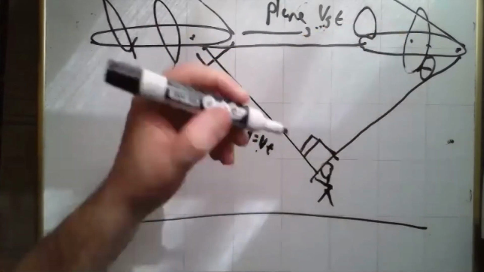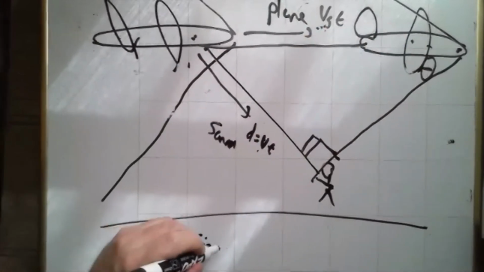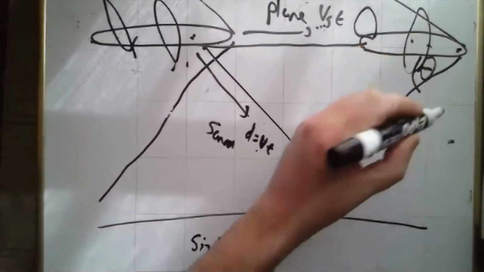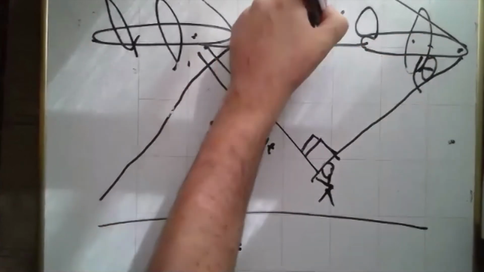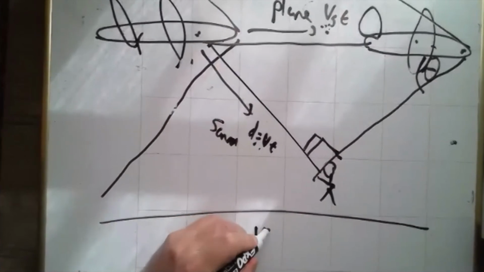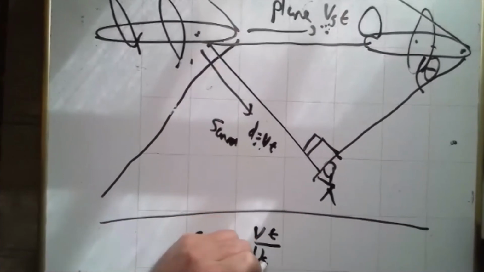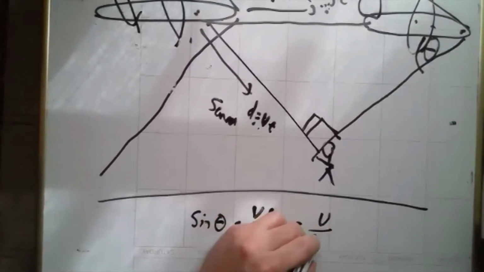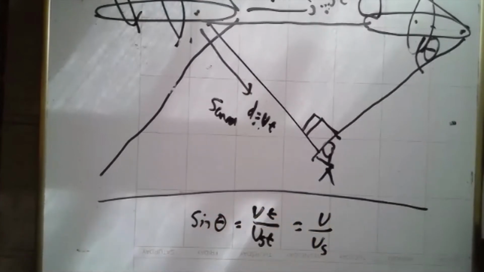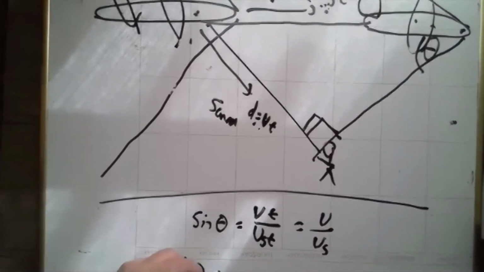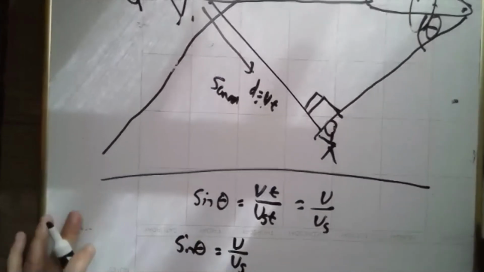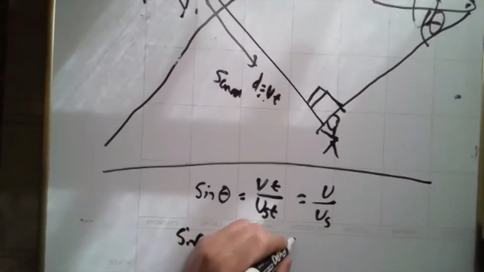And I could just do some quick trig here and say, oh, well, look, sine of theta should equal that angle right there, opposite over hypotenuse. The t's cancel, and we get v over vs. So sine of theta, the shock wave angle, is v over vs. I'm going to write this again.